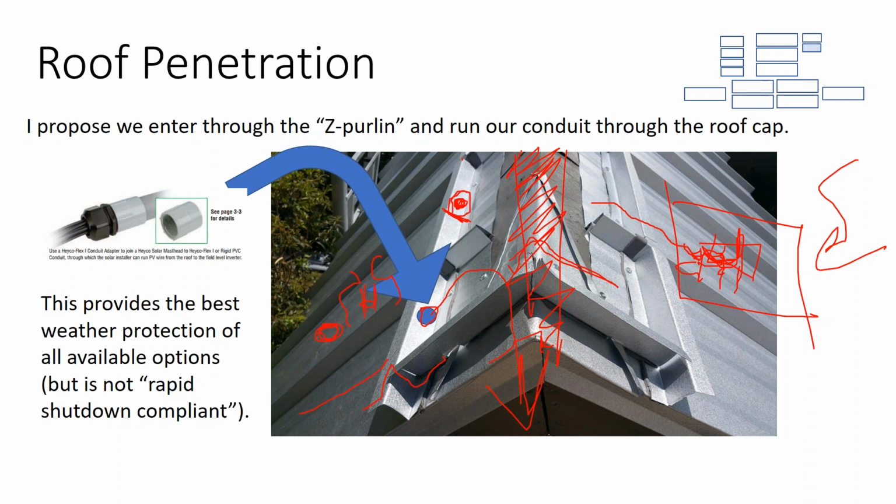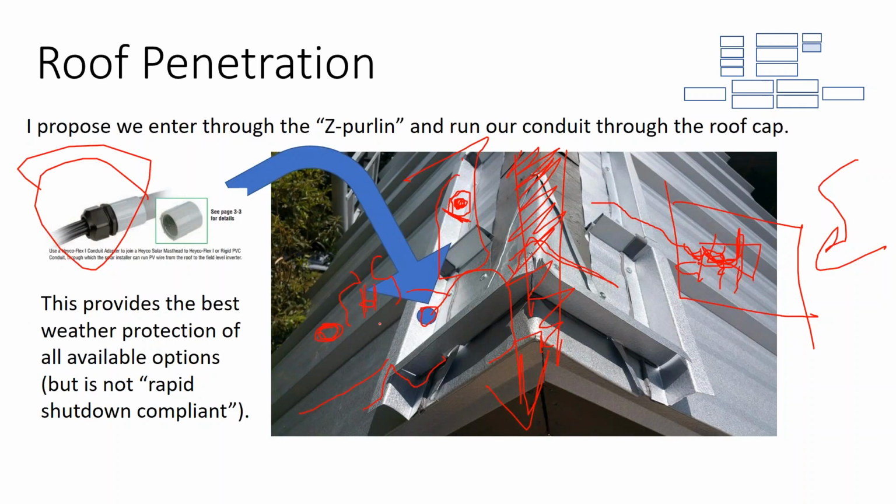So it might have been better to do more penetrations with a 1/2 inch hole rather than fewer penetrations with 3/4 inch holes. But essentially, we put the fitting around that Z-purlin and then connected the Z-purlins to the grounding system.